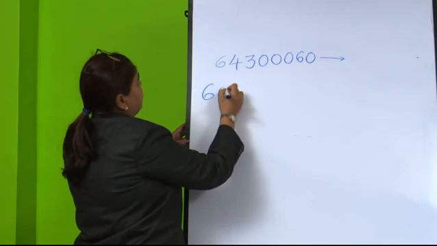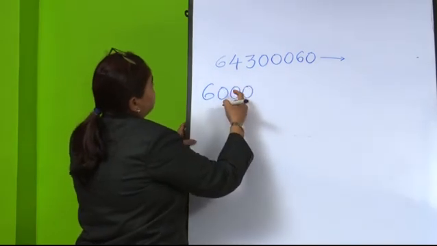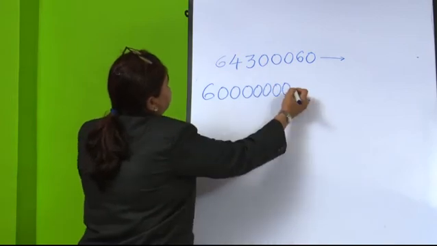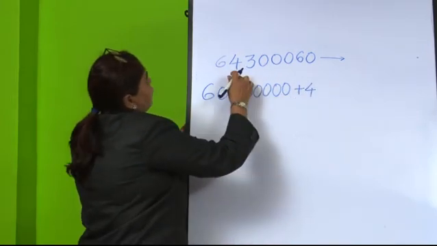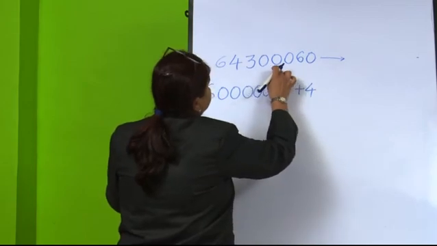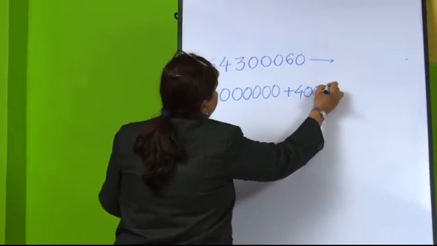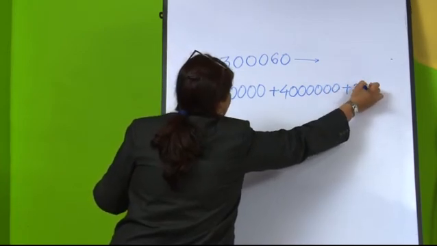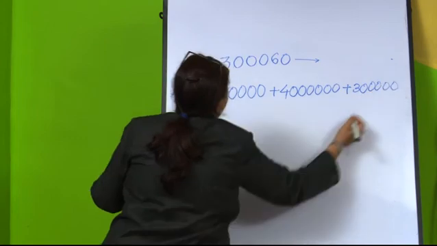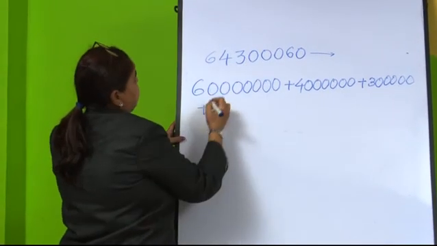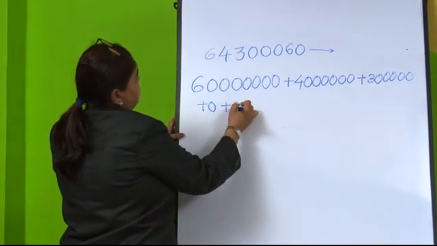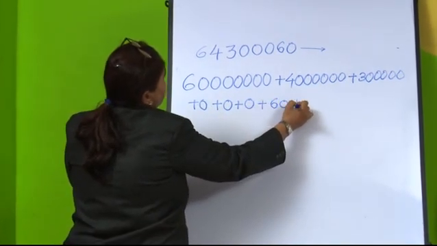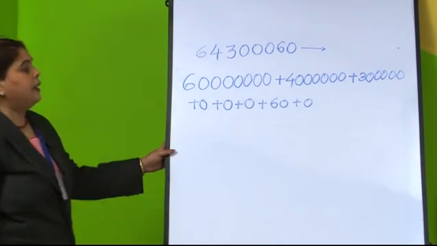Here we are having a crore. 3, 4, 5, 6 and 7 plus 1, 2, 3, 4, 5, 6 plus 1, 2, 3, 4, 5 plus, I do not have anything here, I will write 0 plus 0 plus 0 plus 60, I do not have in ones, so it will be in this way.